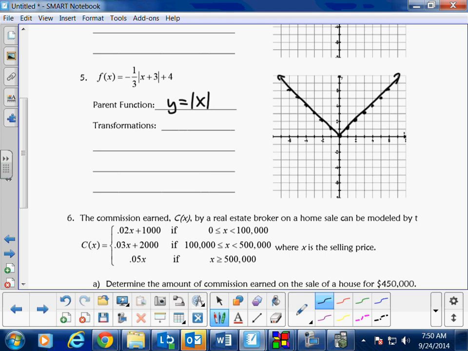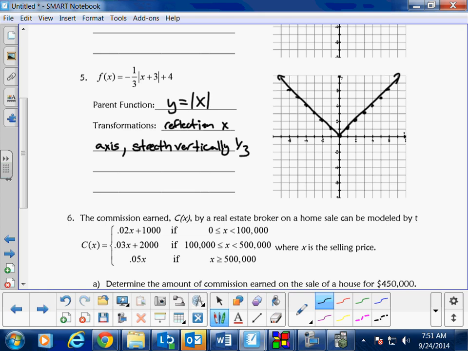Now let's talk about the transformation. A couple of things are going on with this. First of all, we're going to have a reflection on the x-axis. We're also going to have a vertical stretch. It's going to be a third.